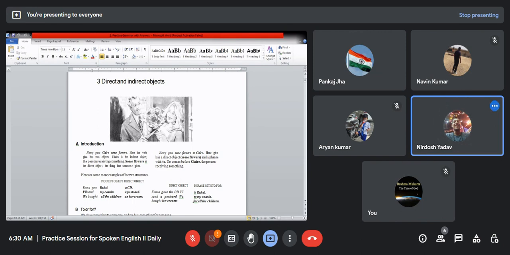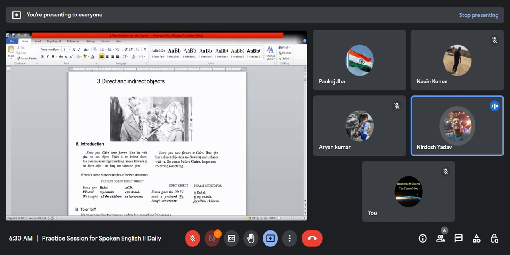Claire is the indirect object, the person receiving something. Some flowers is the direct object, the thing that someone gives. Here are some more examples of the two structures. Indirect object, direct object.